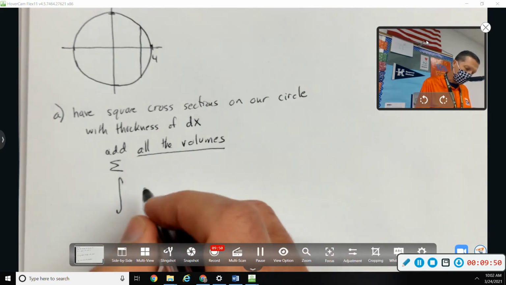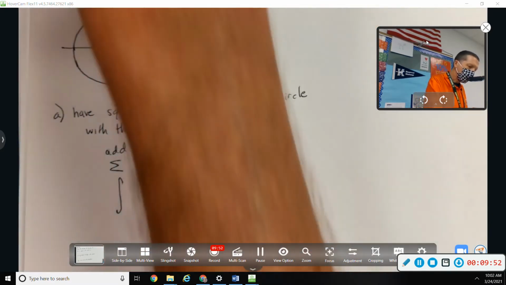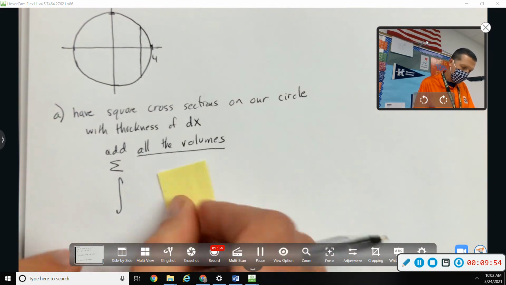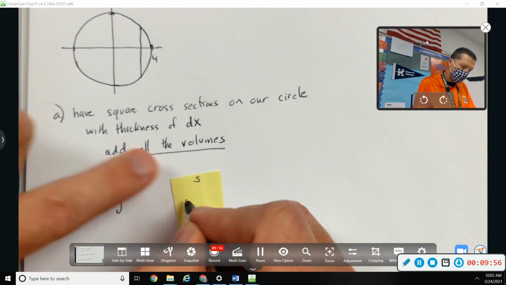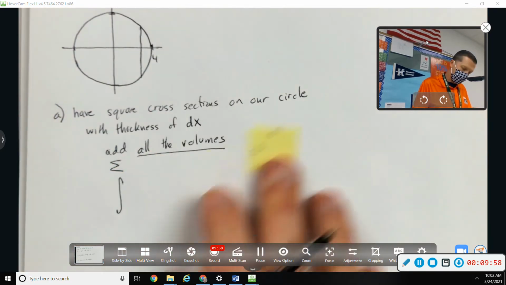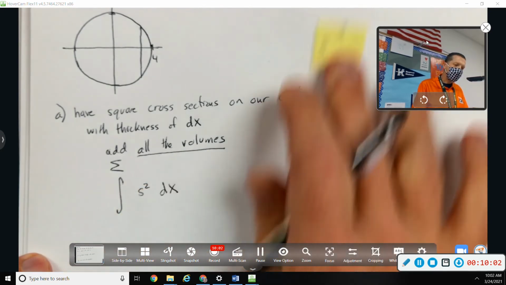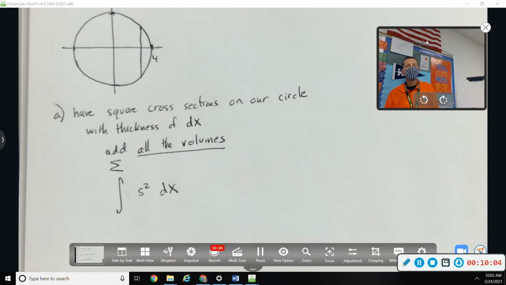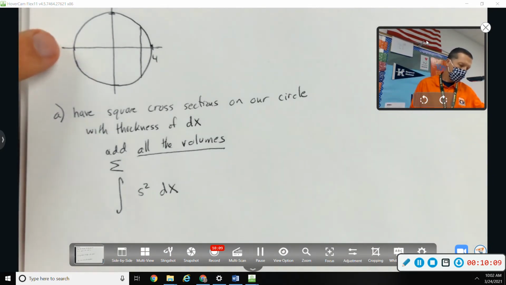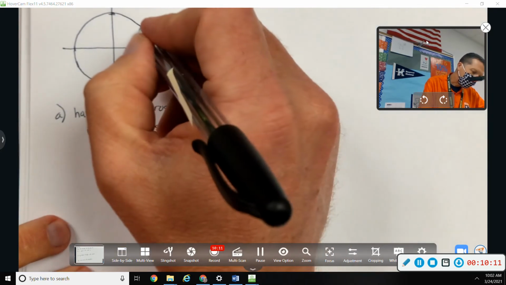Well, the volume would be, let's see, here's our little square. S times S, and its thickness we said was dx. So I need to figure out what S is, though.